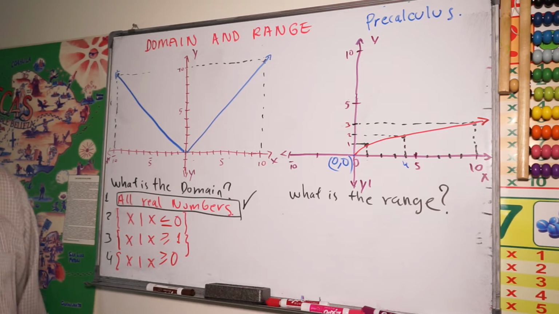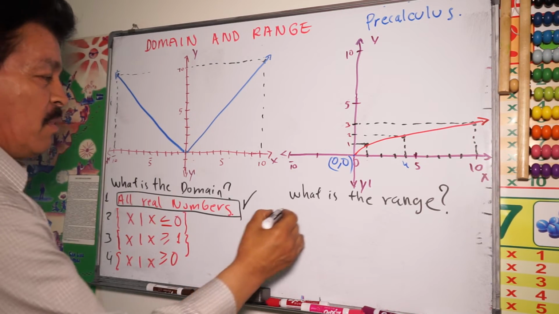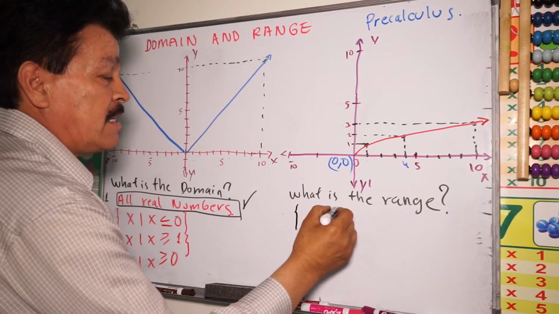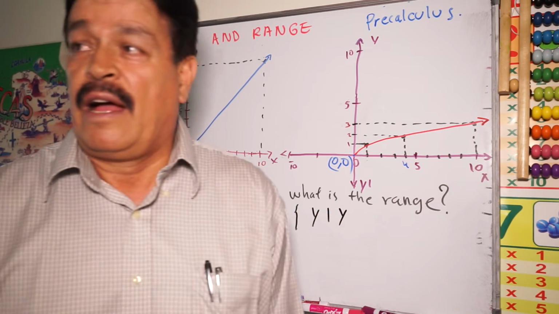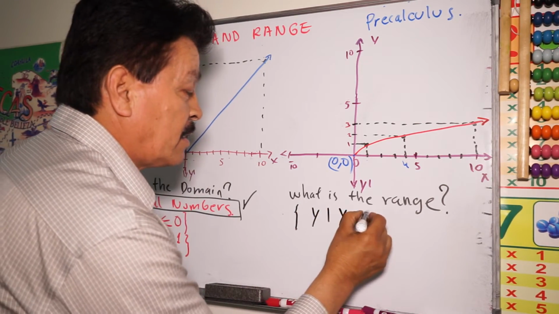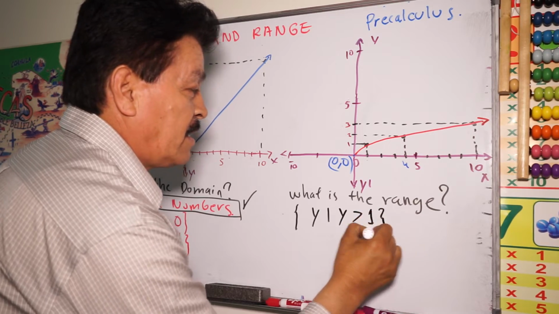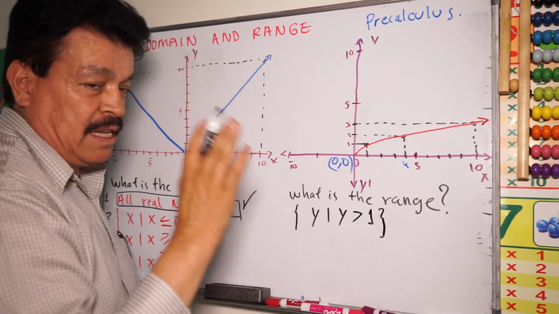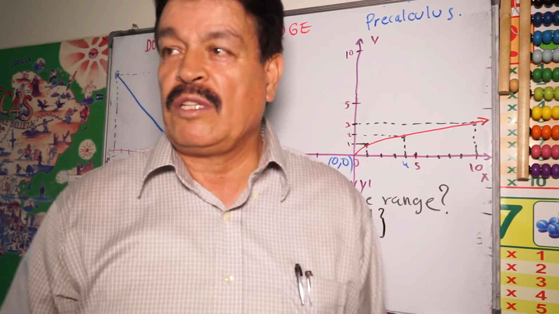Let me write some possible answers. For example, y such that y is greater than 1. Look at the data. That could be one possible answer.